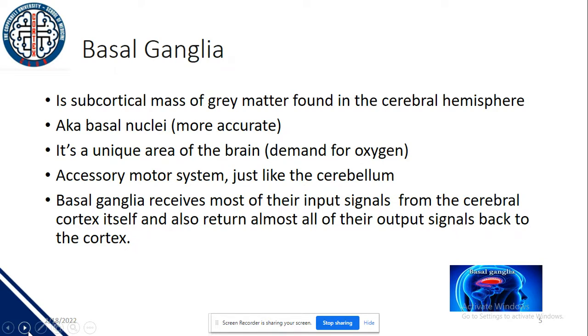The basal ganglia receives most of its input signals from the cerebral cortex itself and also returns almost all of its output signals back to the cortex. So in this case, the basal ganglia acts more like the control center, the part of the brain which modulates motor activities.